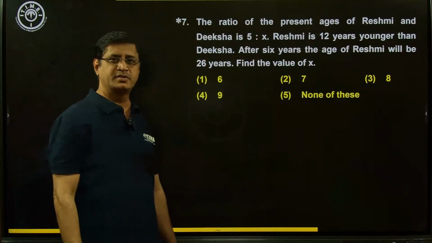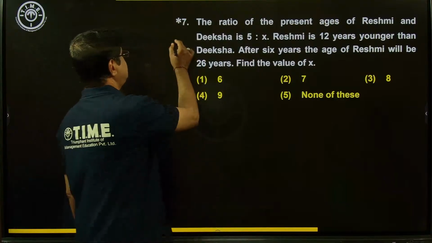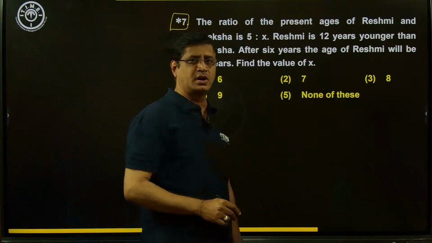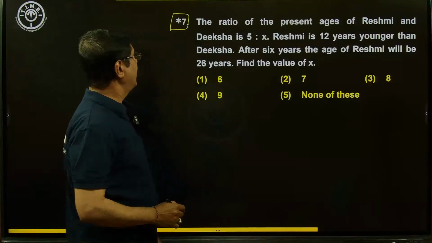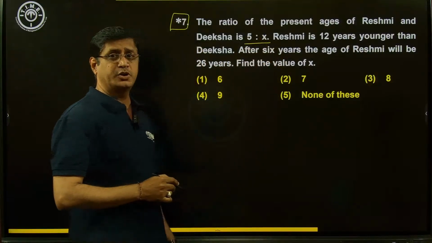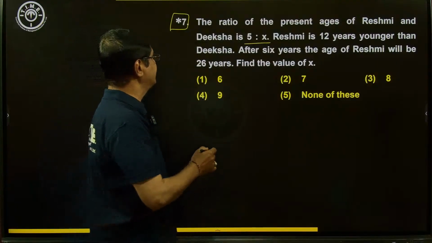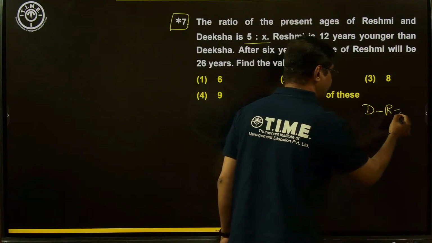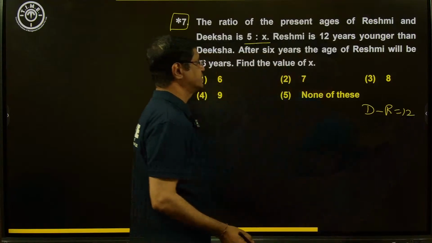Now, question number 7. The ratio of the present ages of Reshmi and Diksha is 5:x. Reshmi is 12 years younger than Diksha. Diksha and Reshmi, what is the time gap? It is 12 years.